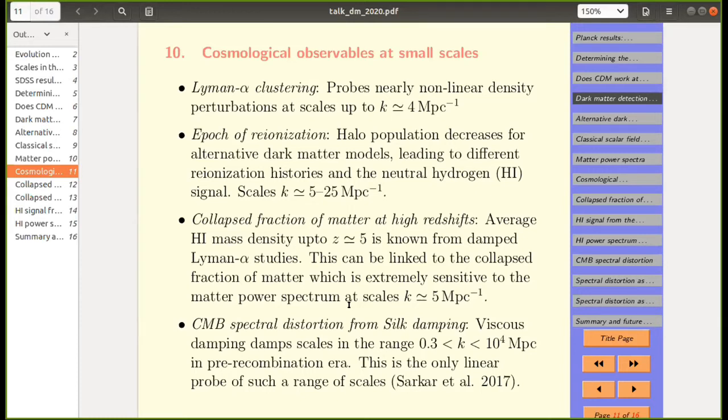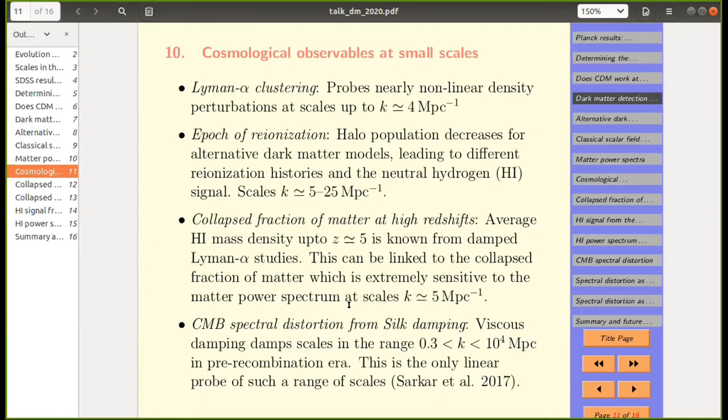Something I'm going to discuss in some detail later on is the collapse fraction of matter at high redshift. Now, this is something interesting, which was used as a probe of many models in the late 1990s, before CMB results came, and it was not used a lot since. But again, I will go into detail of how we use this information from the initial density field to compute the collapse fraction at any redshift. And that in some cases can be compared to data.